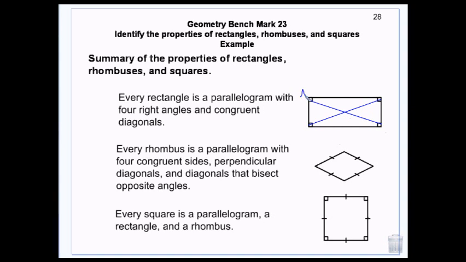And I call this ABCD. AC is congruent to BD.